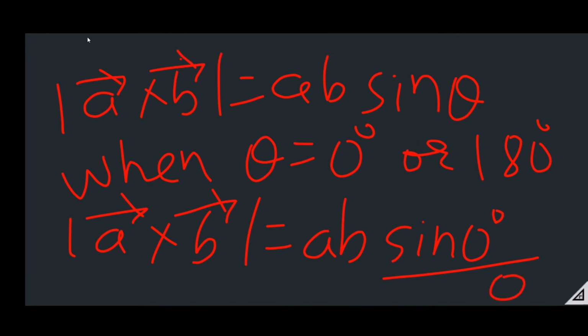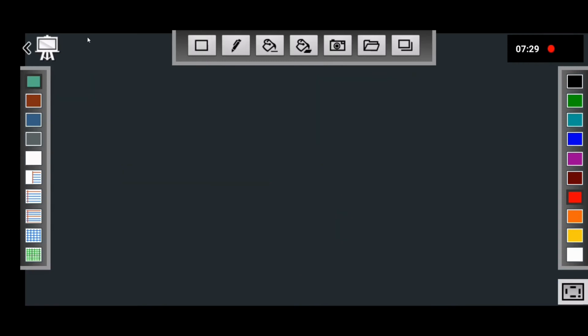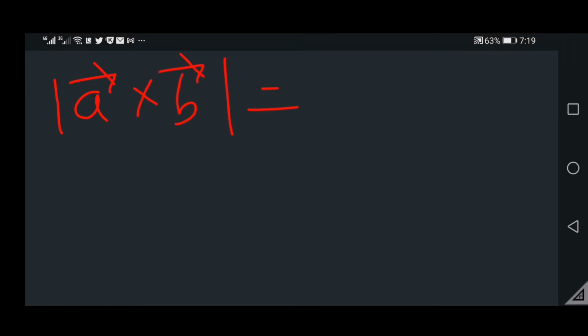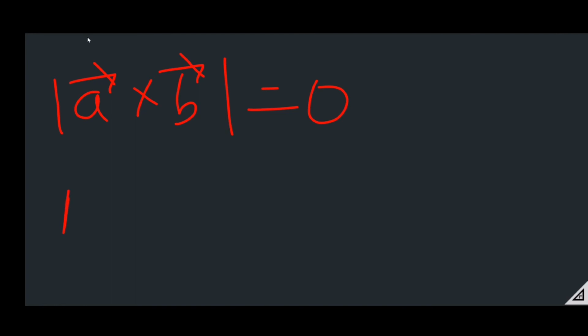Here we obtain modulus of a vector into b vector exactly 0. So it is the minimum value of the magnitude of the cross product of two vectors.